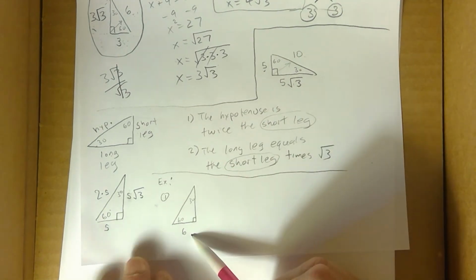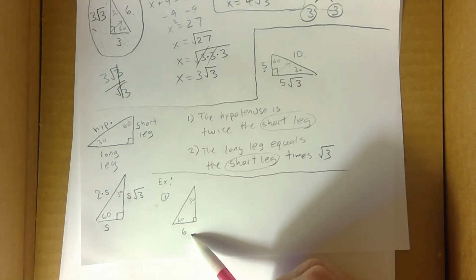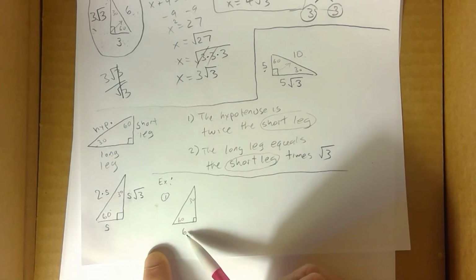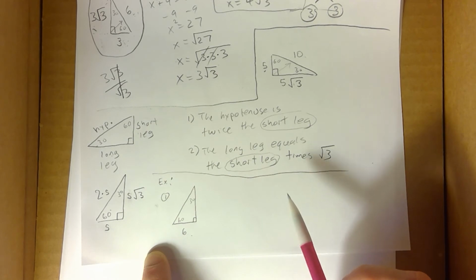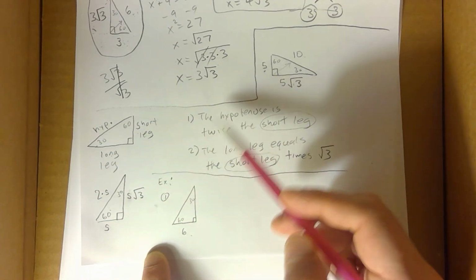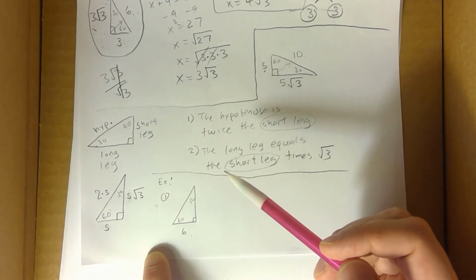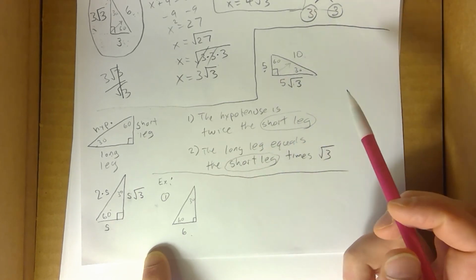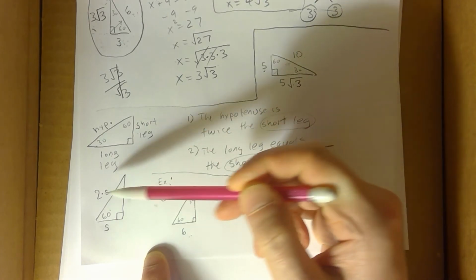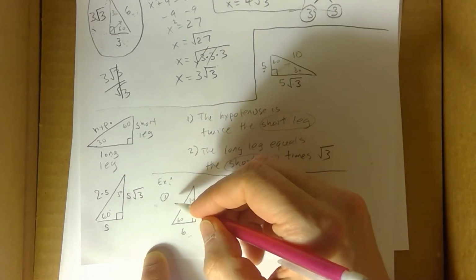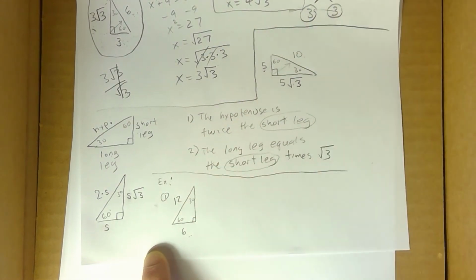All right, first thing you want to do when you have a problem like this, and you know it's a 30, 60, 90, identify what this 6 is measuring. Is it the short leg, long leg, or the hypotenuse? In this case, it is the short leg. The hypotenuse is twice the short leg, so 2 times 6 is 12.